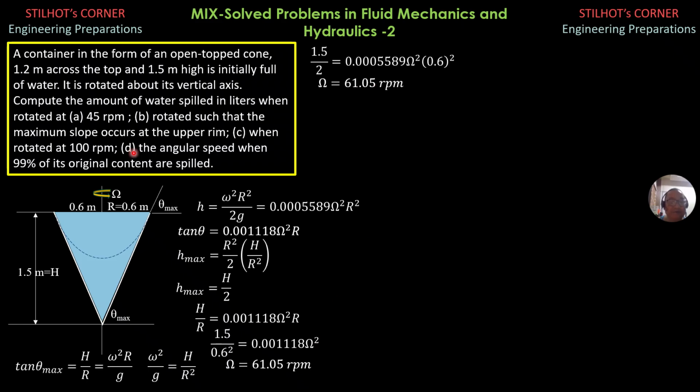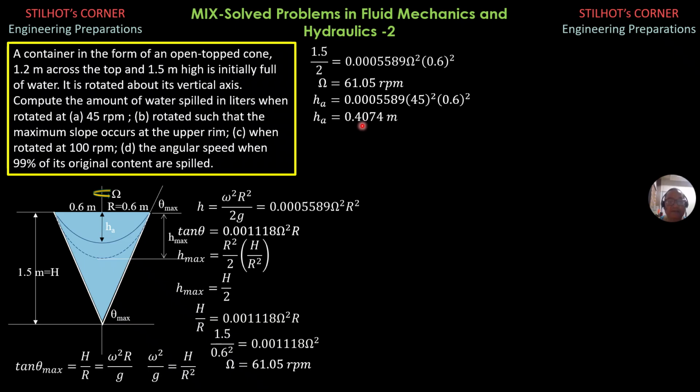So for an angular speed of 45, which is less than this value, it is not tangent to the upper rim, but its height is shorter because this is slower. So HA is 0.0005589 times 45 square times 0.6 square, and that should be less than half of 1.5, or 0.75.